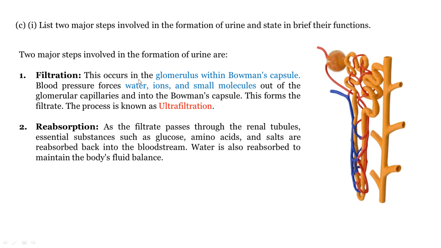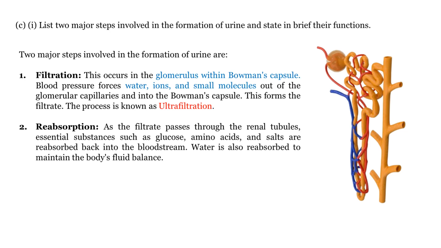The filtration occurs in the glomerulus within the Bowman's capsule. The blood pressure forces water, ions and small molecules out of the glomerular capillaries into the Bowman's capsule, and this forms a filtrate, and the process is known as ultrafiltration.